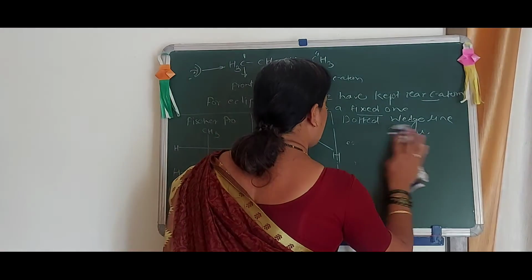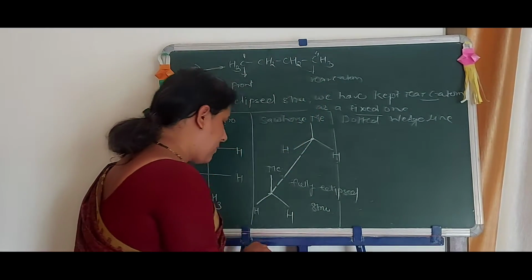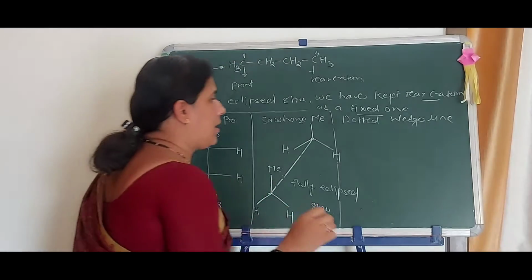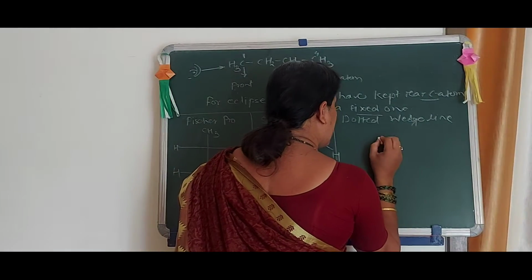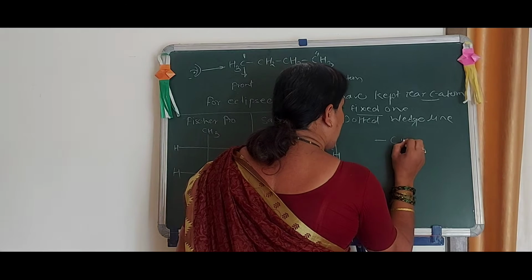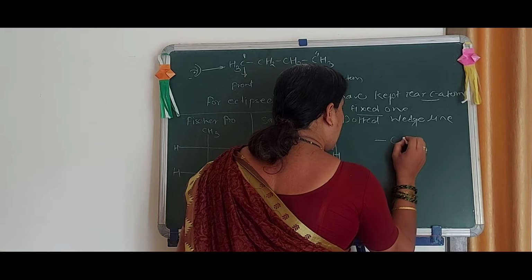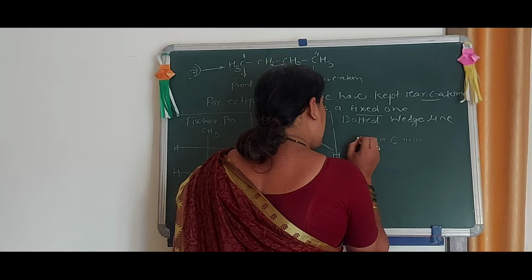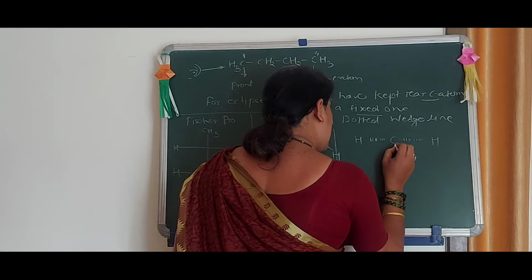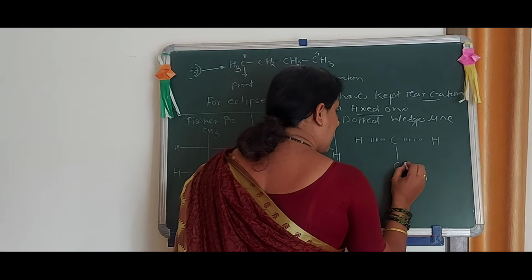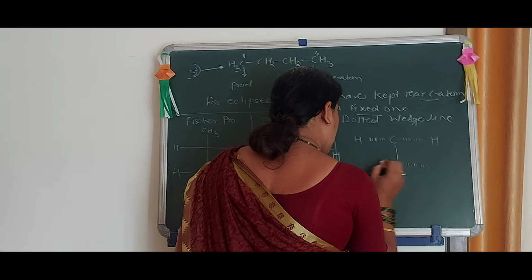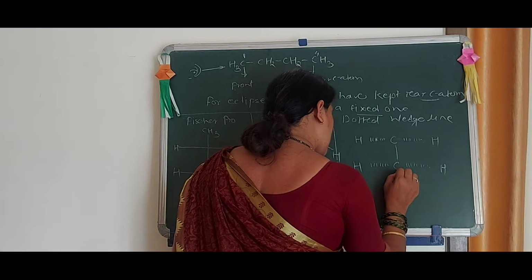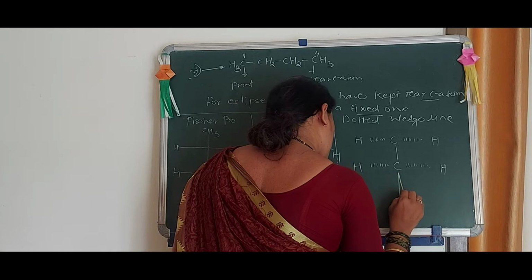Now what about the dotted line wedge formula? For this, see here, the dotted line wedge formula. Which are in front of this? That is this and this here. Therefore we can write here C. Now here H, here H, bond C, here H, here H, and from this here we have a wedge.